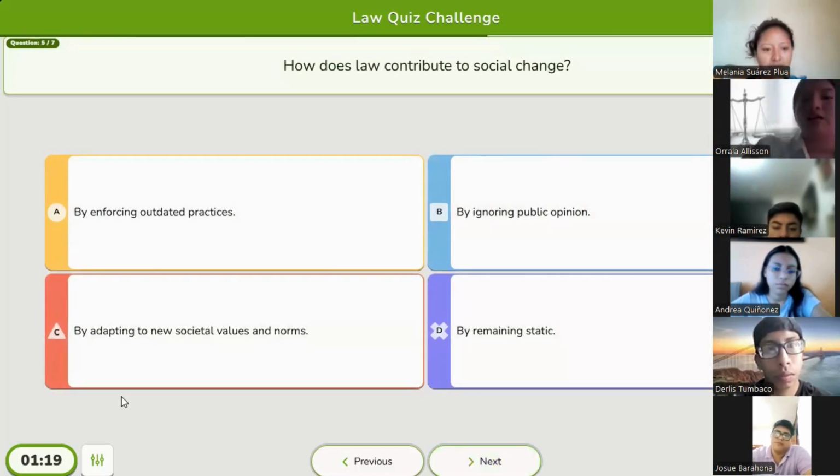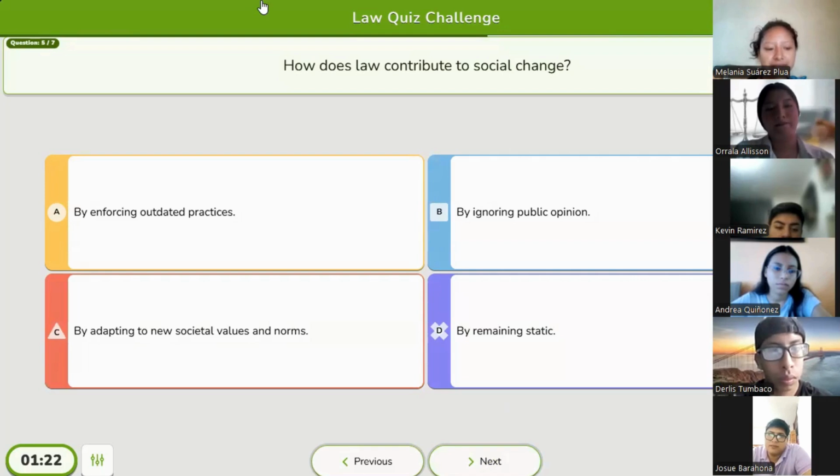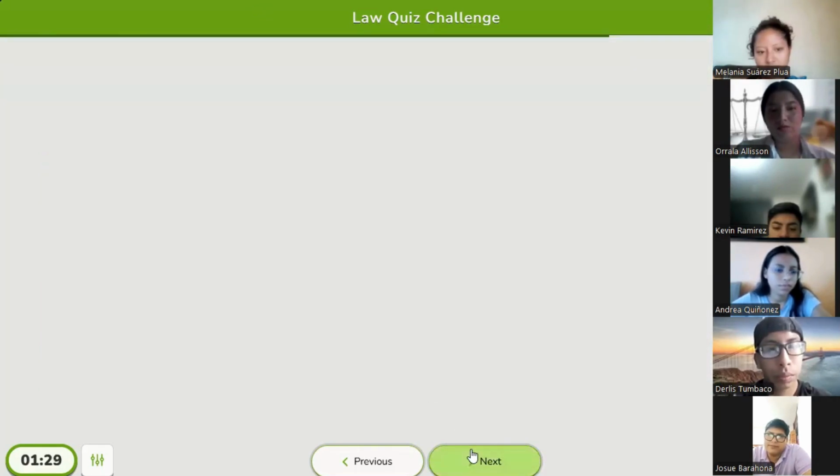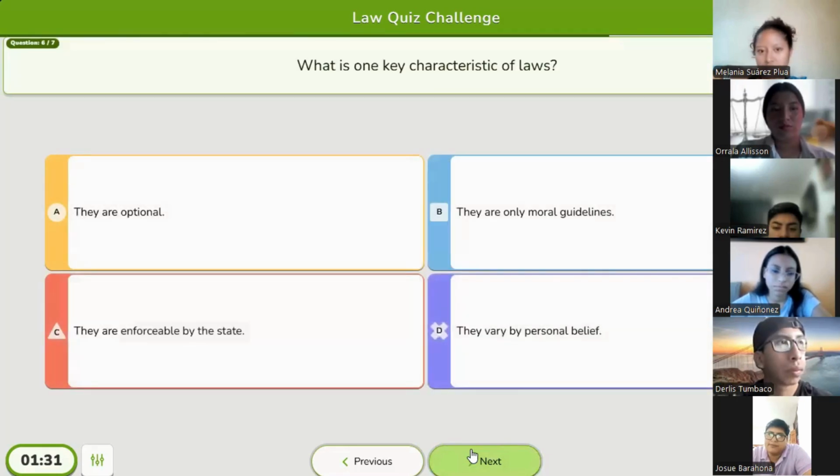How does law contribute to social change? A, B, C, or D? C. What is one key characteristic of law?